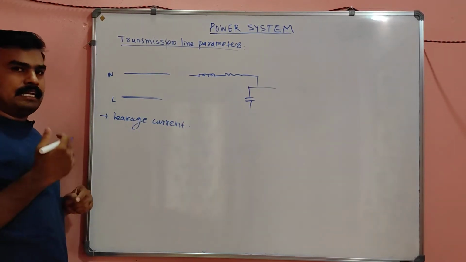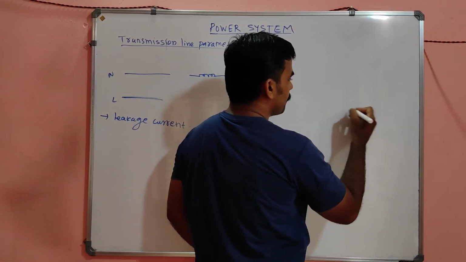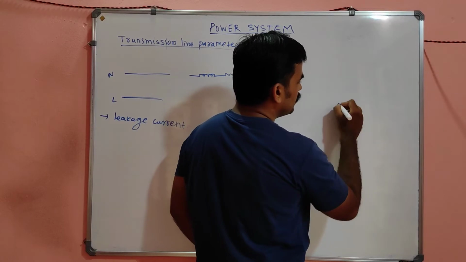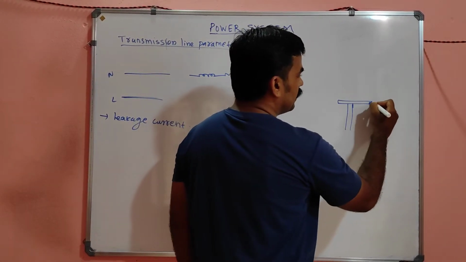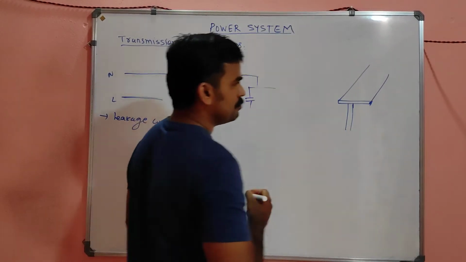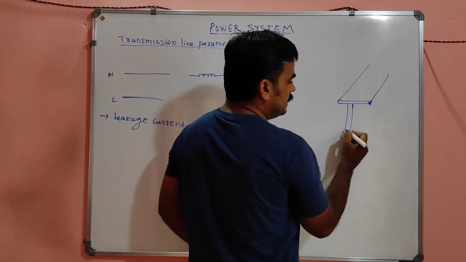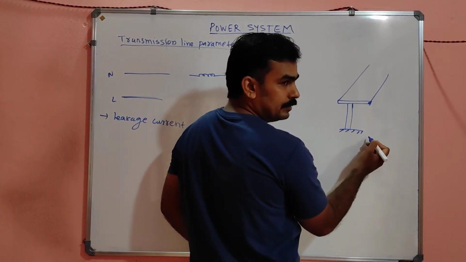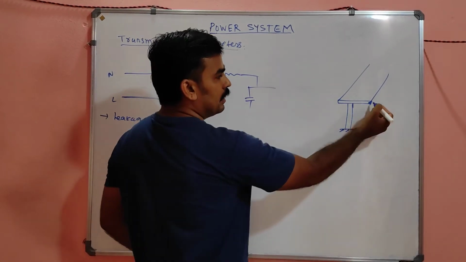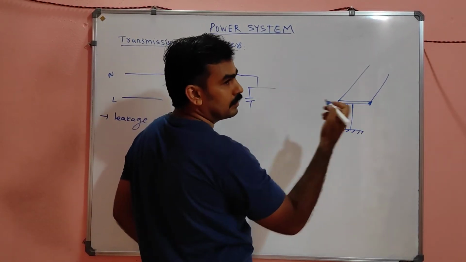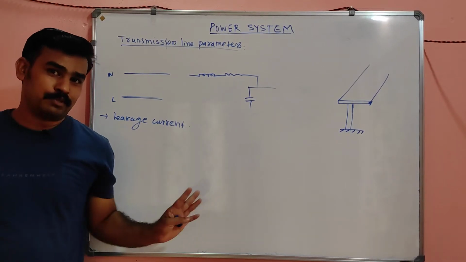That leakage current is nothing but this: see, this is the tower in which we are sending the transmission line. The tower is earthed, right? Here, through an insulator, we are supporting a conductor, but the insulator is not a perfect vacuum.